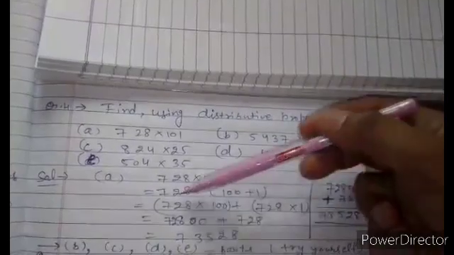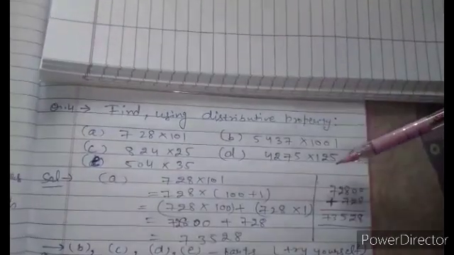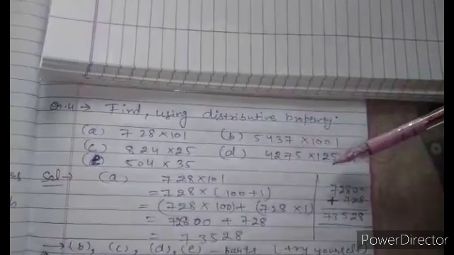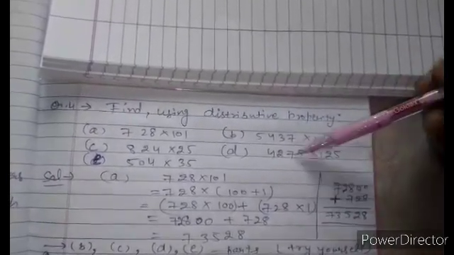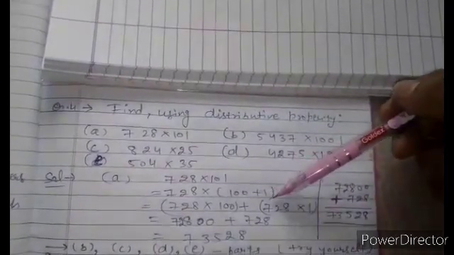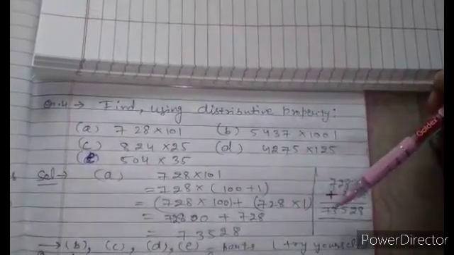When you make 125 into the factors 100 plus 20 plus 5, the number will be multiplied with 100, then plus sign, then multiplied with 20, then plus sign, then multiplied with 5. So likewise you can solve as I have solved question number 4 A part. So B, C, D, E parts you can try yourself.